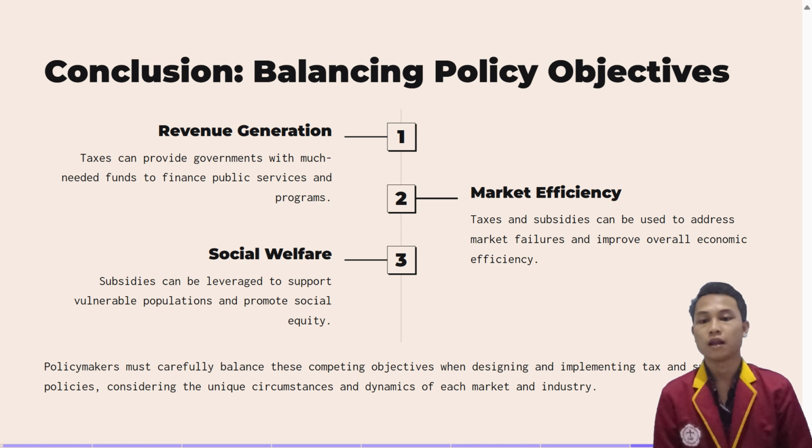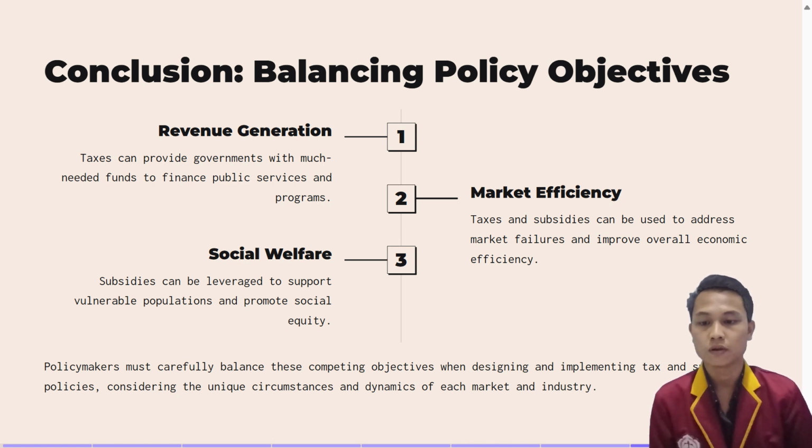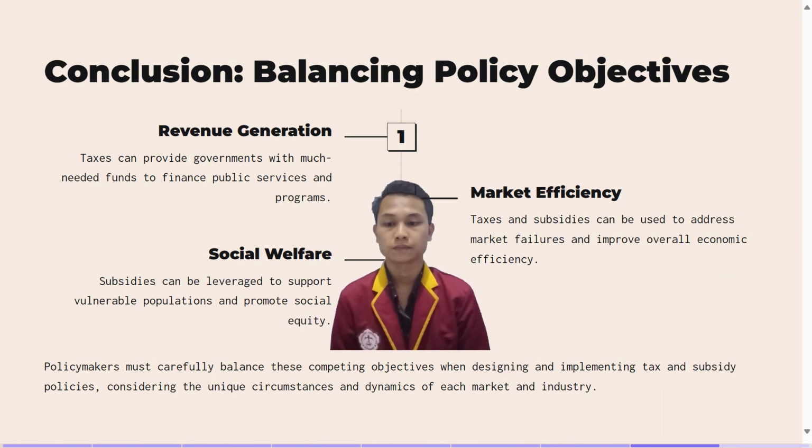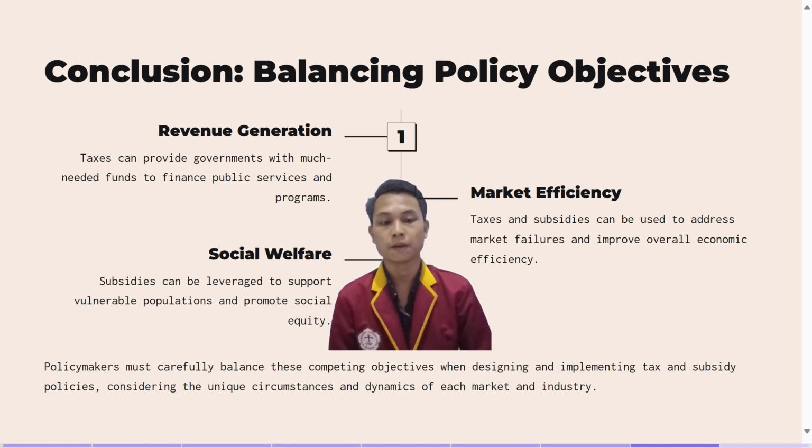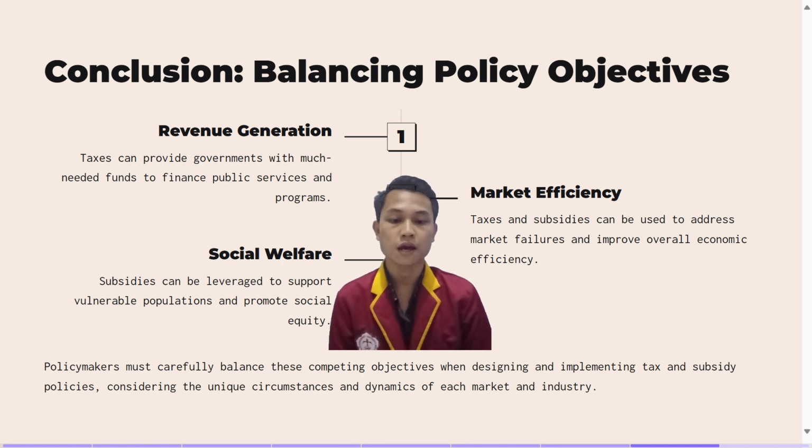Subsidies can be leveraged to support vulnerable populations and promote social equity. Policymakers must carefully balance these competing objectives when designing and implementing tax and subsidy policies, considering the unique circumstances and dynamics of each market and industry.